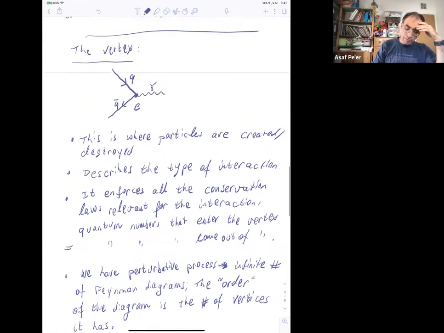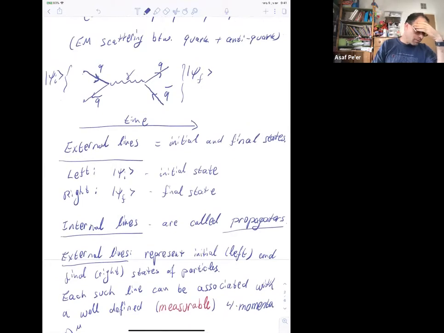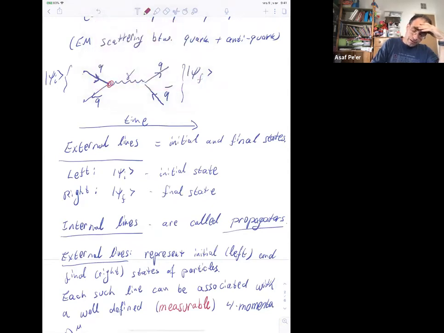So, in the example we had here, we have two electromagnetic vertices. One vertex and the second vertex.